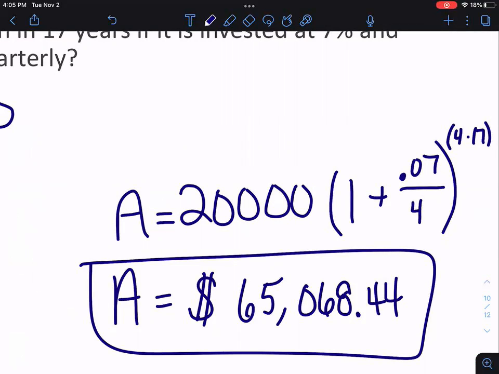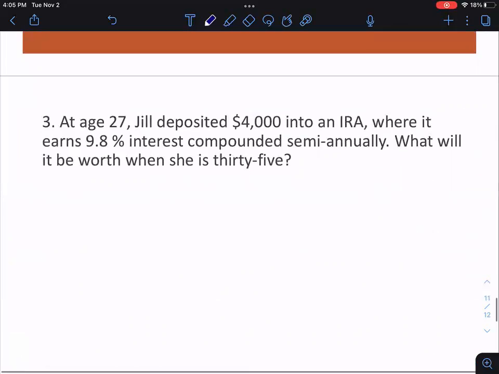Last one here, take a moment, pause the video and see if you can work through this one.